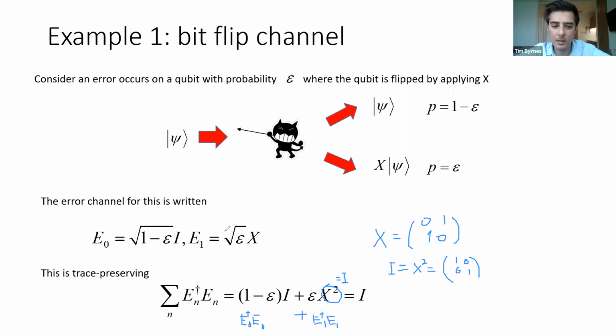And because there's two of these, with E dagger E, it needs to be a square root in order for this to give epsilon and this factor to be 1 minus epsilon. Okay, so that's this bit flip channel.